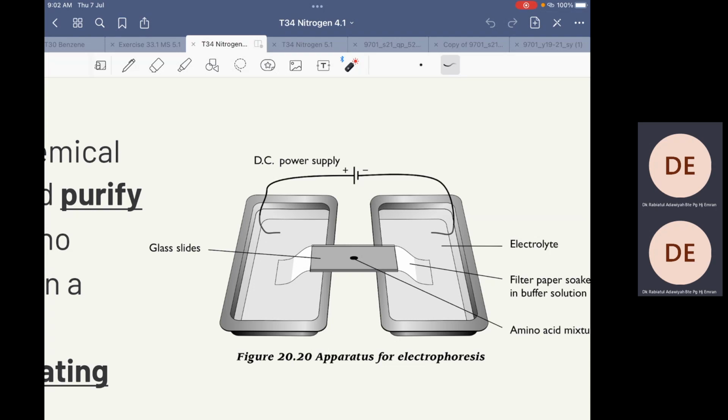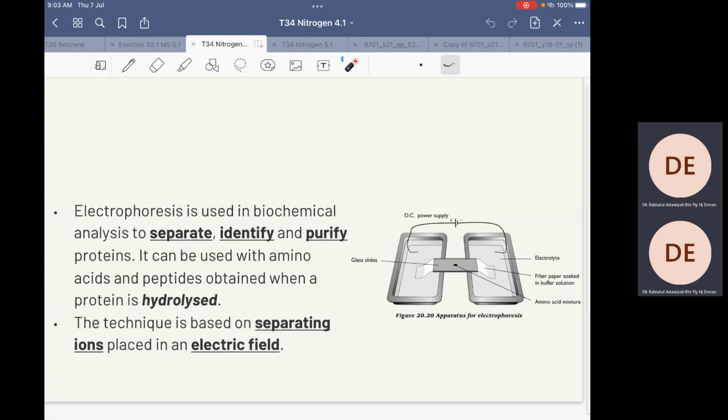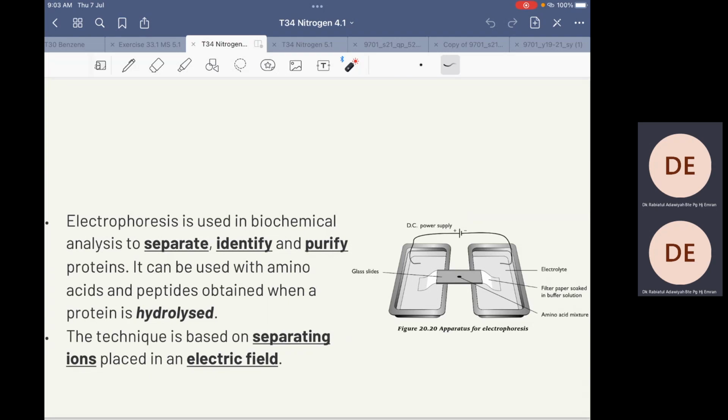Provided that they have different size and different charge, they move at different speeds along what we call the electroferrogram. An electroferrogram is just like a chromatogram. After you carry out the chromatography, the paper of the chromatography is a chromatogram. In this case, it's called an electroferrogram. Electrophoresis is used in biochemical analysis to separate, identify and purify proteins.